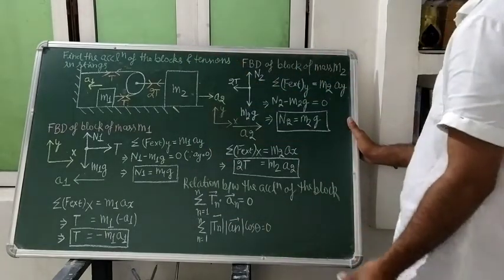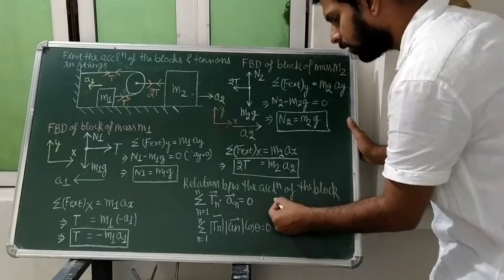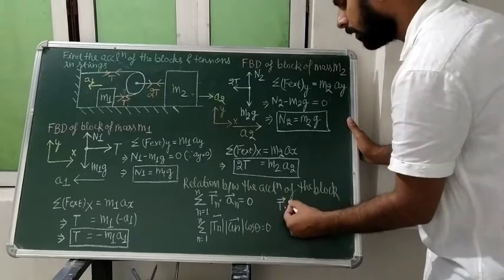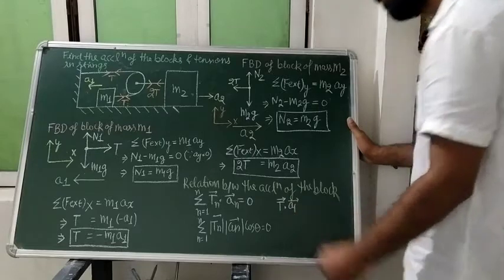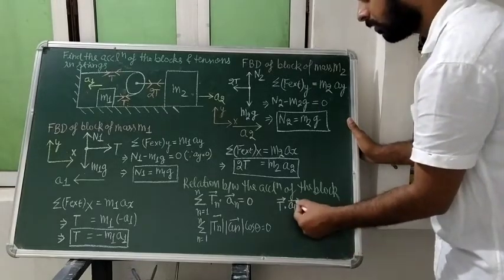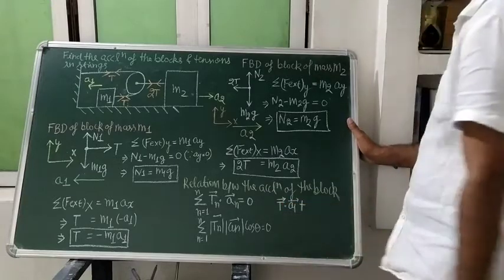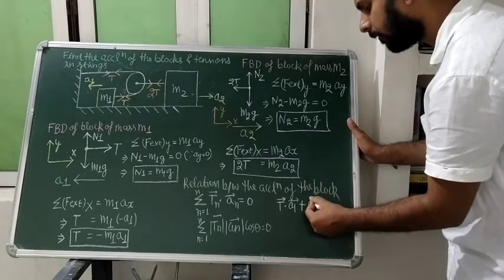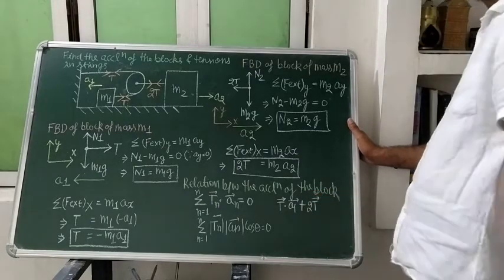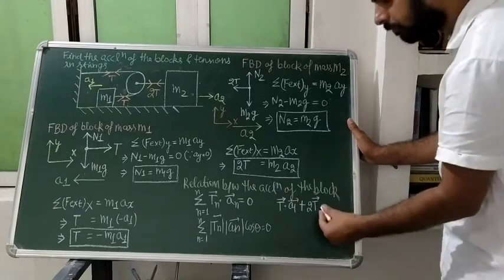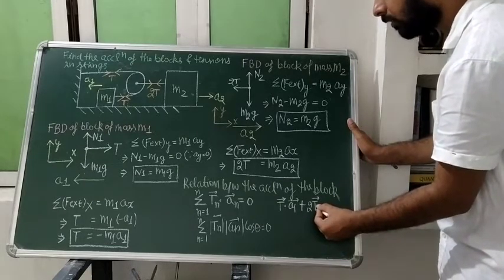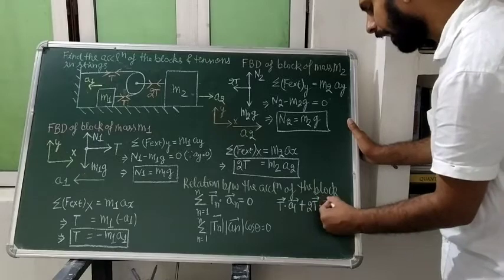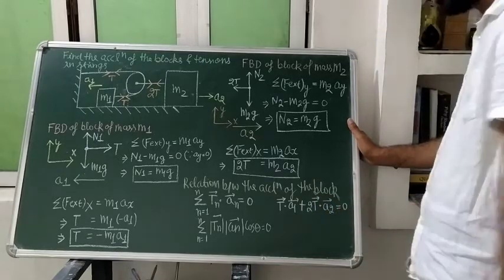So for the block of mass m1, this tension vector dot this acceleration vector, plus for the block of mass m2, the tension is 2T here, and the acceleration is A2, should be equal to 0.